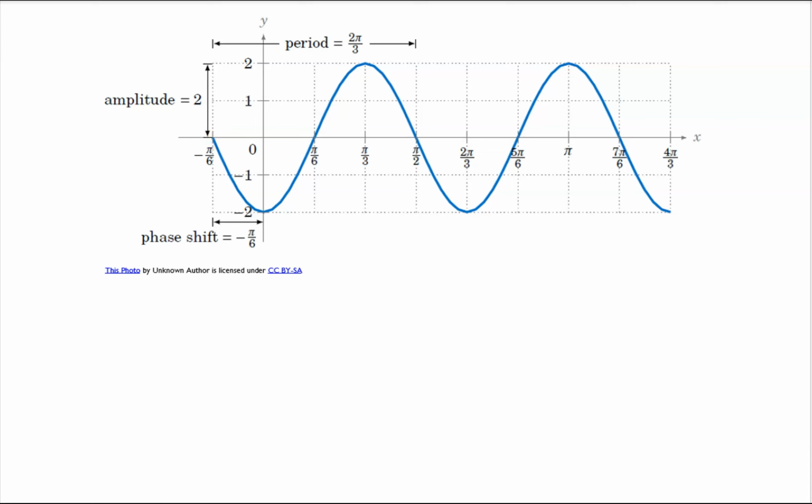And another thing that we need to notice is sine normally goes up. And so it would go something like that. And so we would need to recognize that there's actually a reflection over the x-axis.